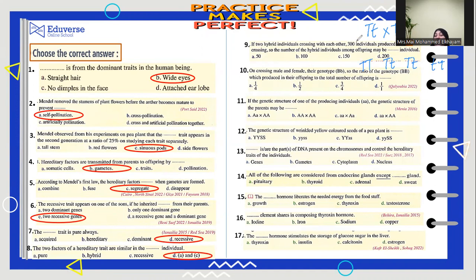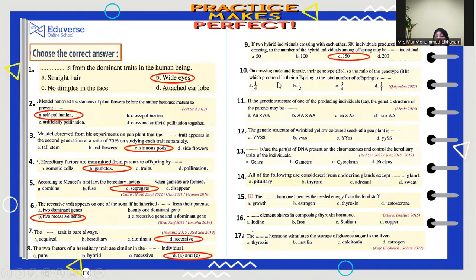If all of the offspring are 300, how many of them will be hybrid? Half of them. So half of the 300 will be 150.